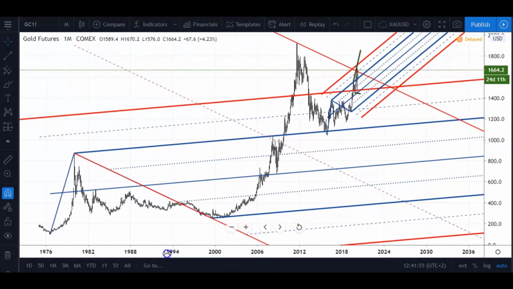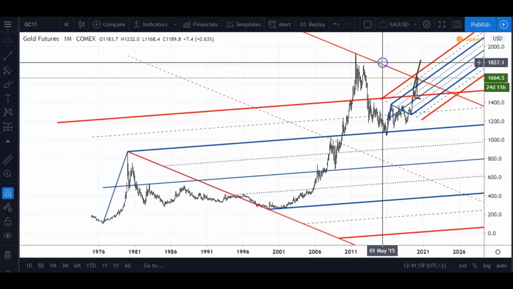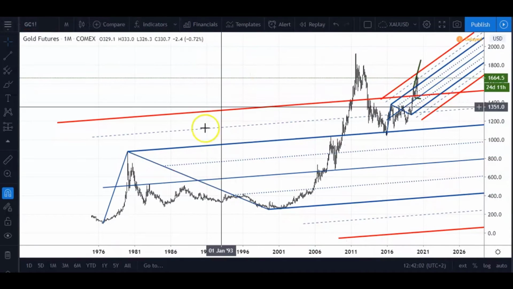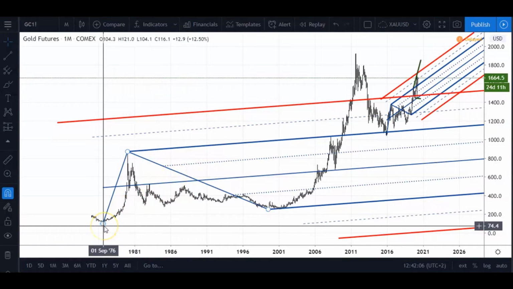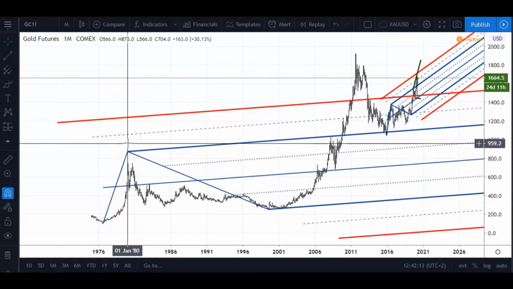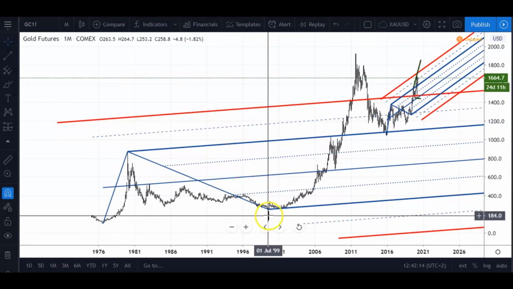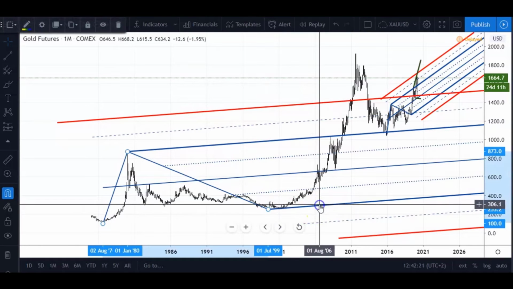And what I'm seeing here is some pretty cool market geometry. I just want to take this one away quickly. So if you use this low in September, I think it was, yeah, August, September 76 up to this high in January 1980 and bring it back all the way to September 99, just prior to the year 2000.